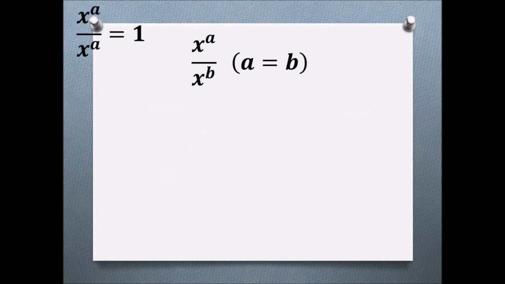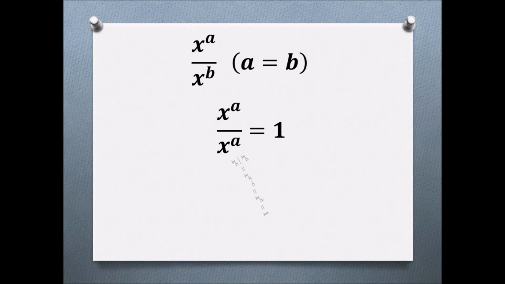Okay. Now what is x raised to a by x raised to b when a equal to b? When a equal to b, we have x raised to a by x raised to b as x raised to a by x raised to a. Now any number divided by the same number, we get it as 1, right? So x raised to a by x raised to a equal to 1.